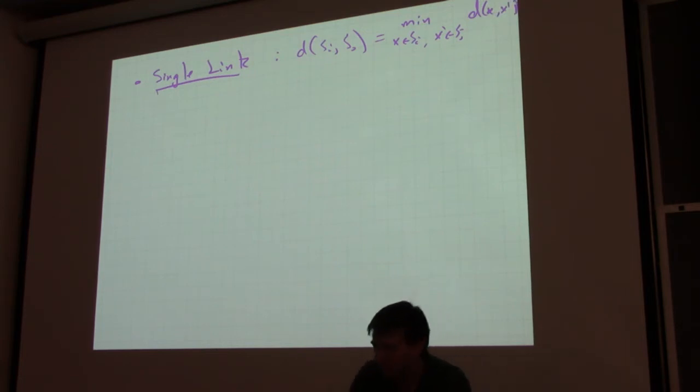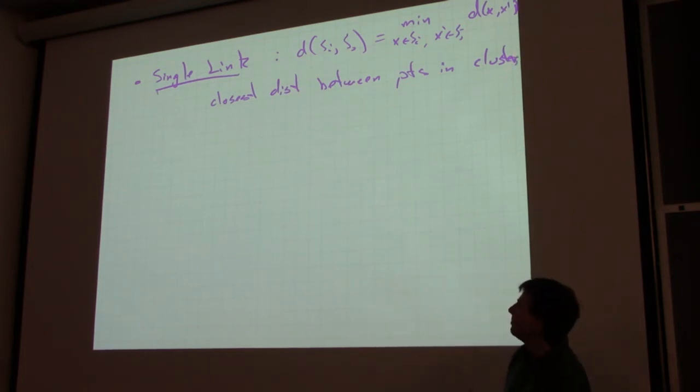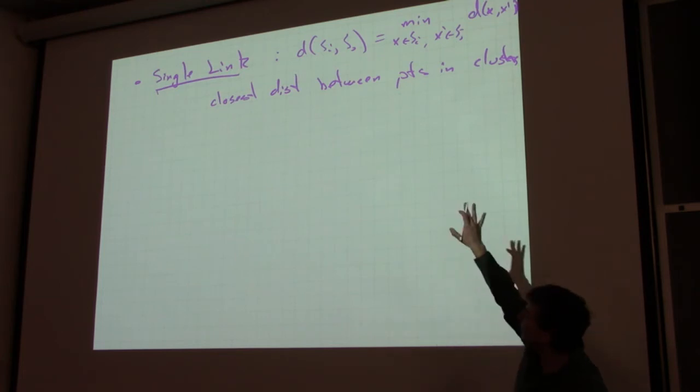Right, so this is called single link. It's the closest distance between points in the clusters.